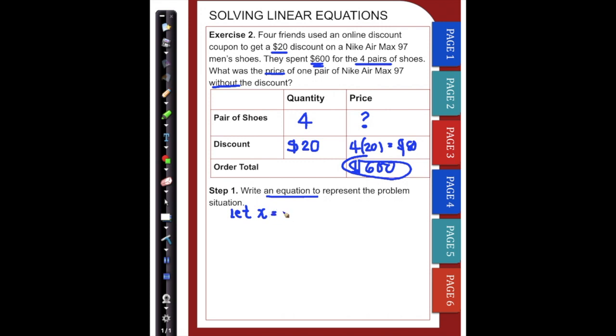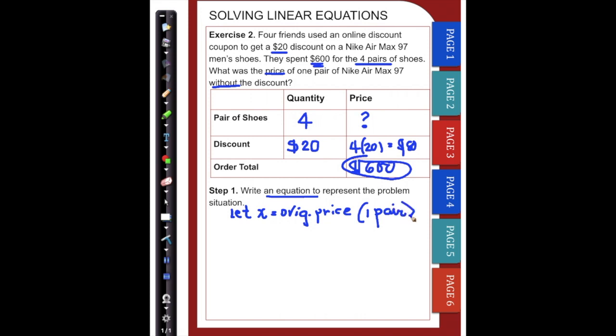Now, how do we write the equation using our variable and the quantities from the table? We said they bought 4. So let's take that into account. 4 times, so let's use parentheses for the multiplication part to demonstrate a group or a quantity.